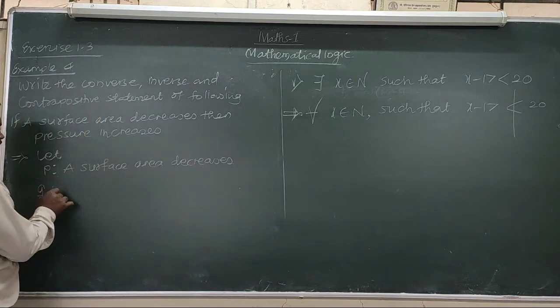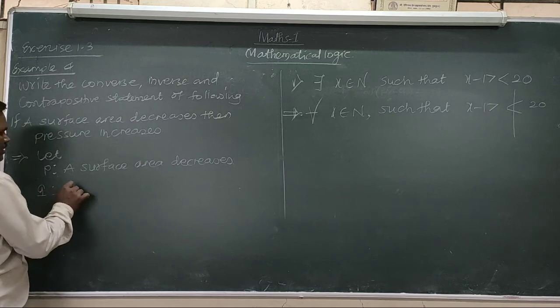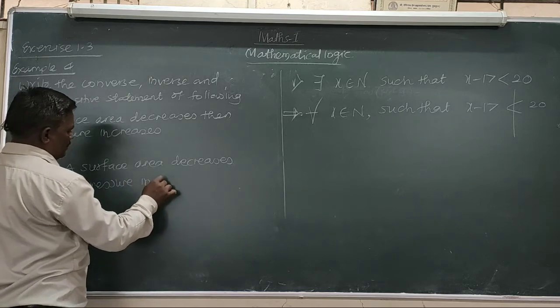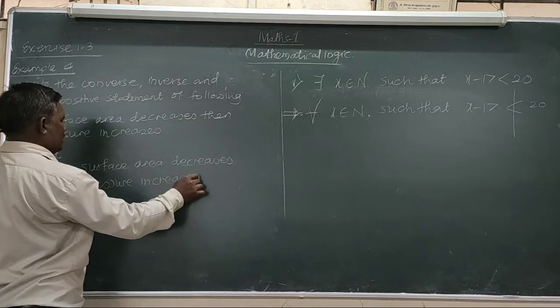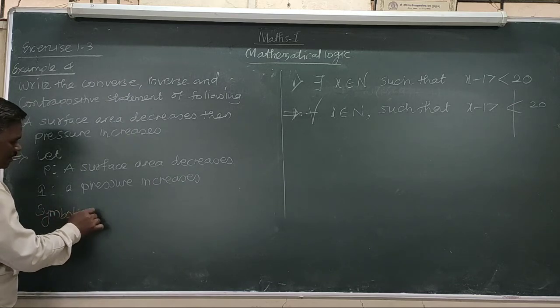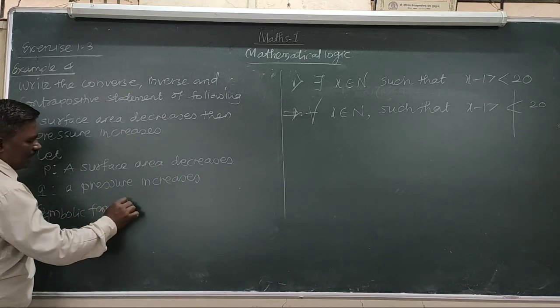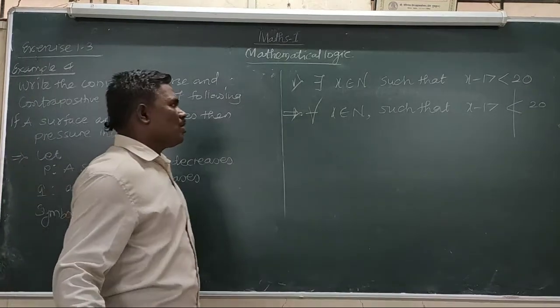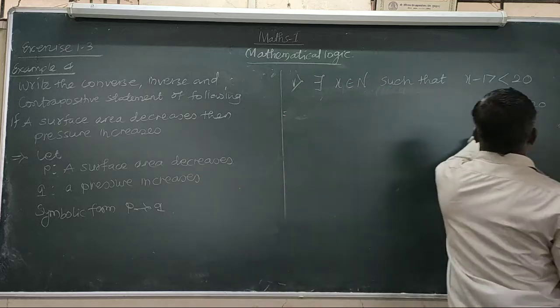Secondly, Q: a pressure increases. We need to write the symbolic form. The symbolic form is P implies Q. Now we need the converse, inverse and contrapositive.